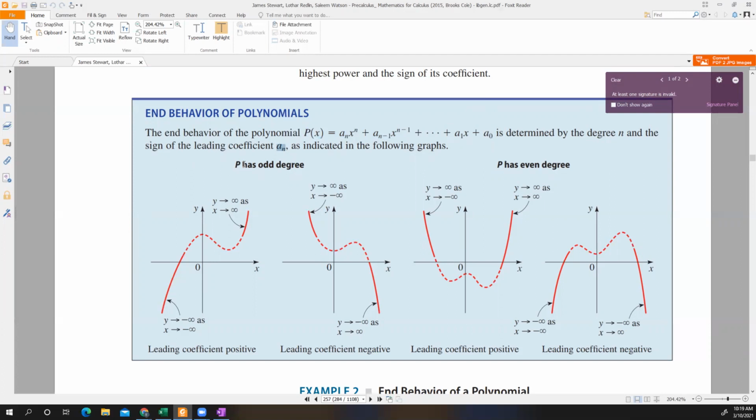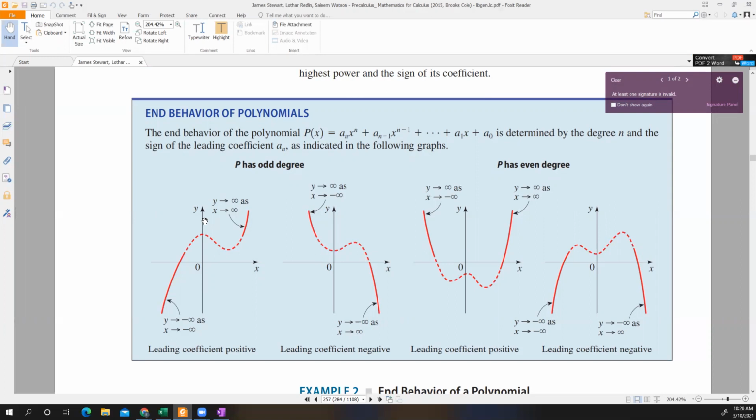As I said, we have this nice dichotomy. The first case is that P is an odd degree polynomial. In the case of an odd degree polynomial, those limits are not going to be equal. Like in the case of x cubed, as x goes to positive infinity, you get positive infinity. As x goes to negative infinity, you get negative infinity.